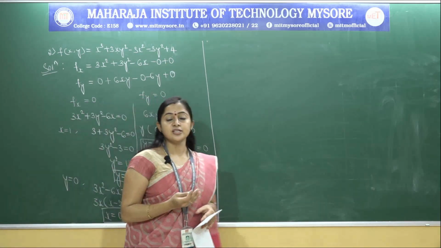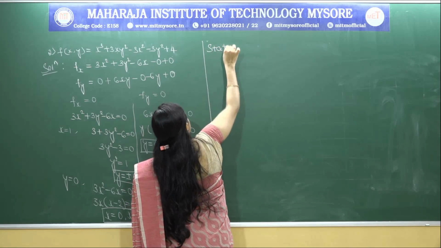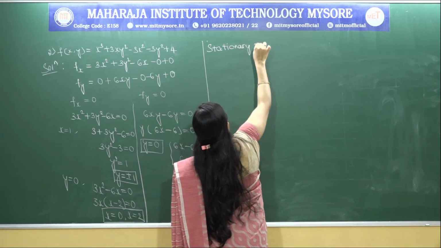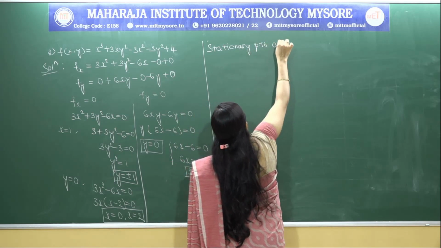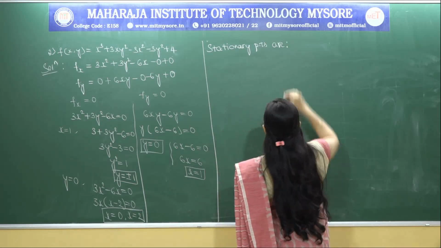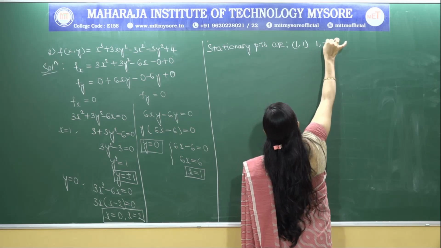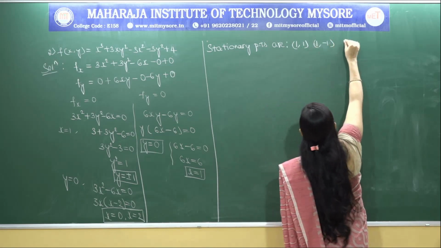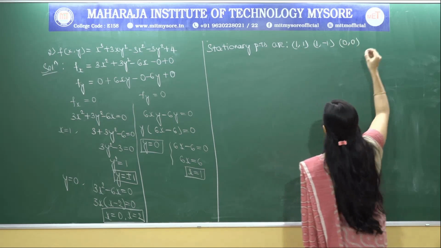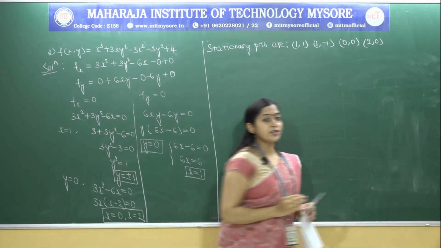Then you have to consider the stationary points. The stationary points are: at x equals 1, y equals plus 1 and minus 1; at y equals 0, x equals 0; and at y equals 0, x equals 2. These are the stationary points.